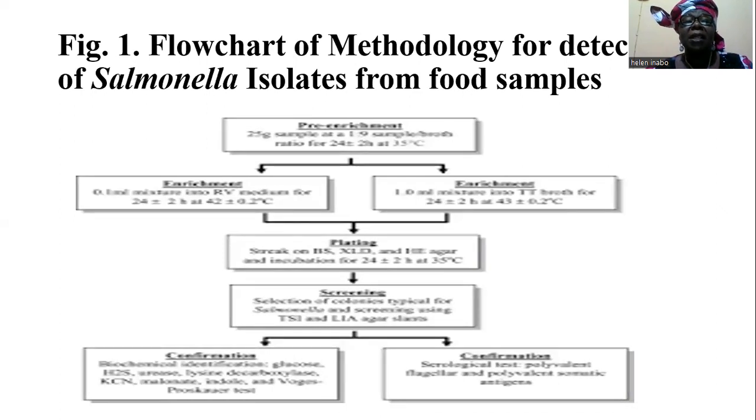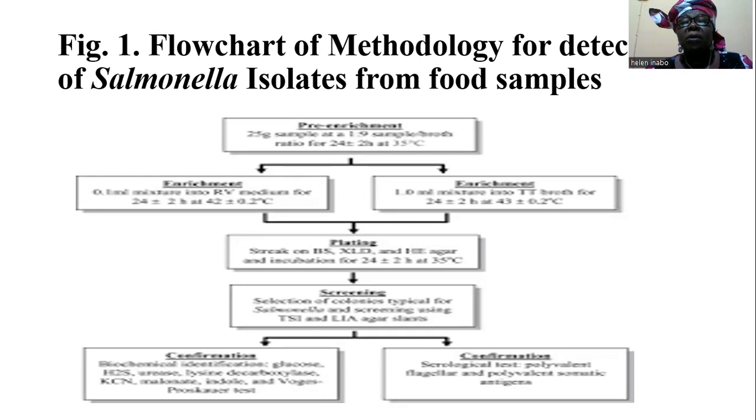The pre-enrichment, like I told you earlier, involves weighing 25 grams of the food sample at a ratio of 1 to 9. That means 25 grams of the food sample is mixed with the buffered peptone water, usually 225 mL, which gives a 1 to 9 ratio.